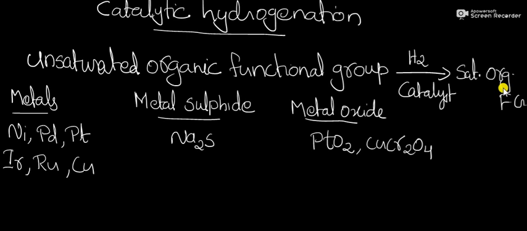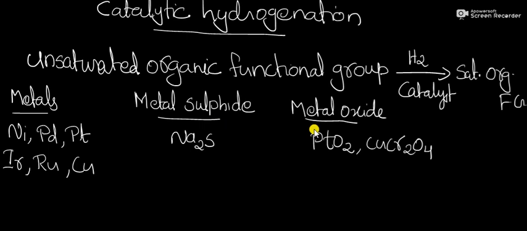What are the characteristics of the catalytic hydrogenation reaction? First, the catalyst should be insoluble in solvents. Then the normally used catalysts are metals, metal sulfides, or metal oxides.